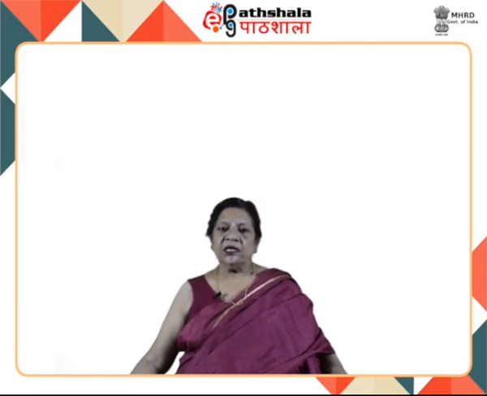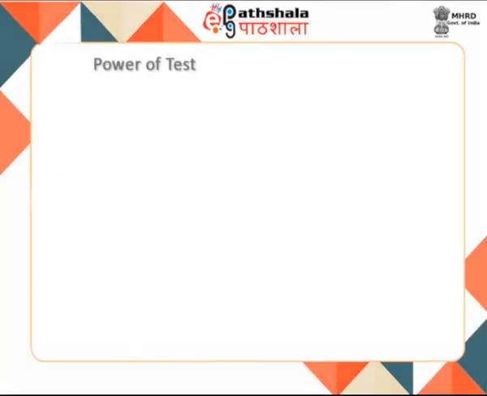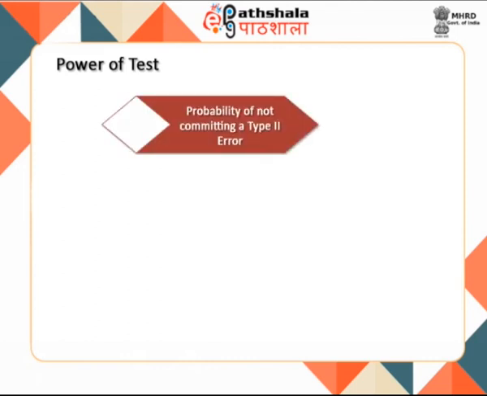The power in hypothesis testing is the probability of rejecting a false null hypothesis. Especially, it is the probability that a randomly selected sample will show that the null hypothesis is false when the null hypothesis is indeed false. Let us now understand power of test. The probability of not committing a type 2 error is called the power of a hypothesis test.